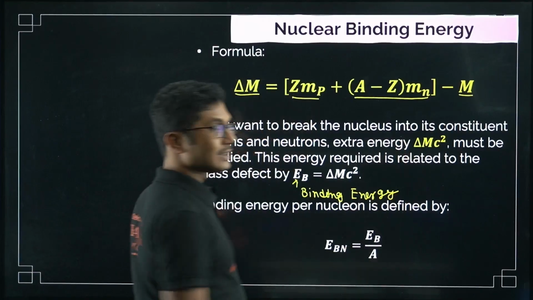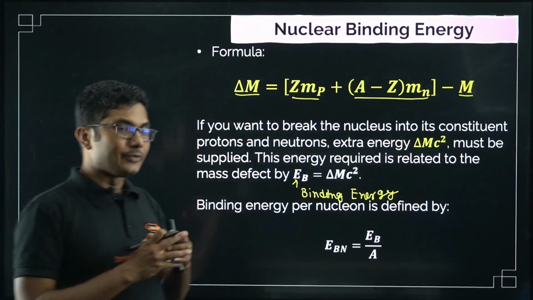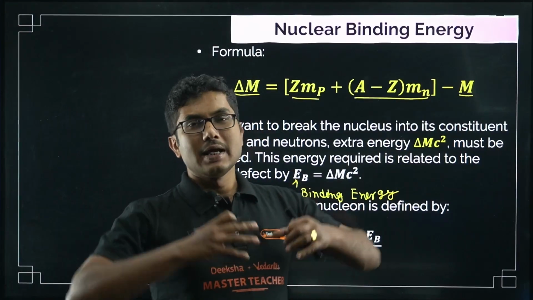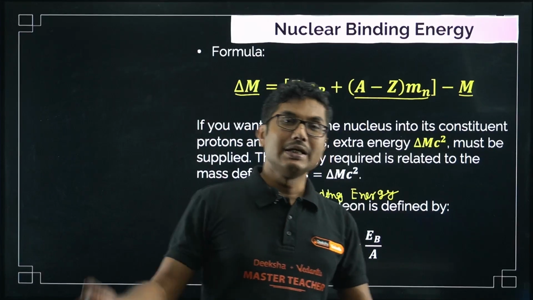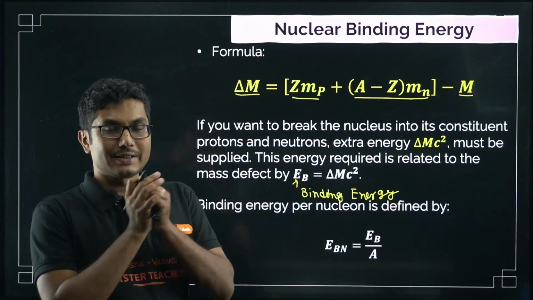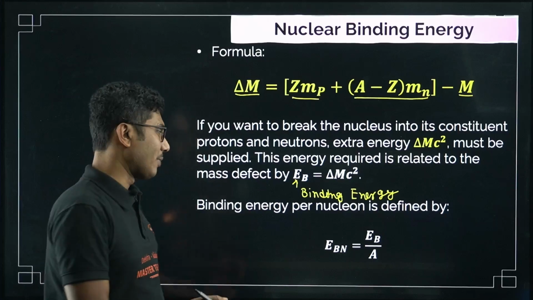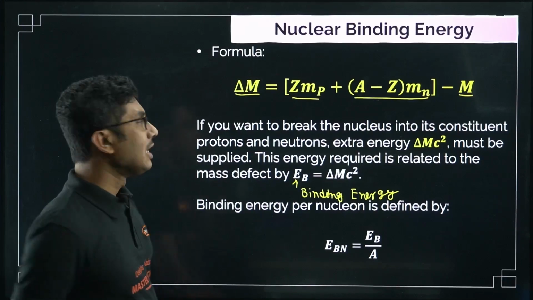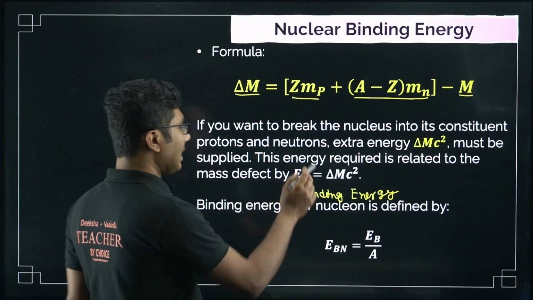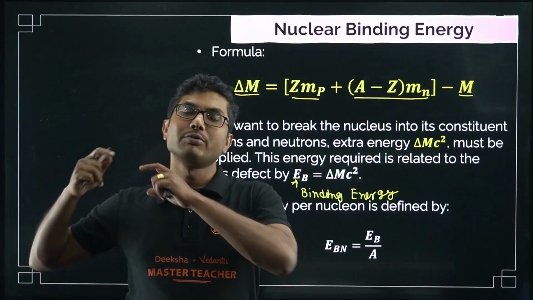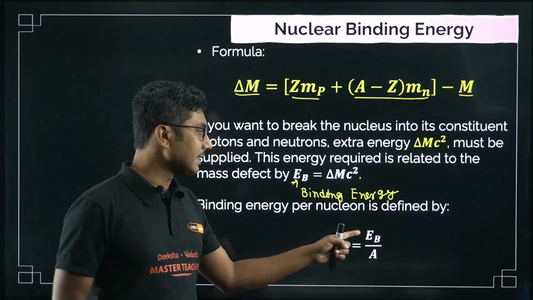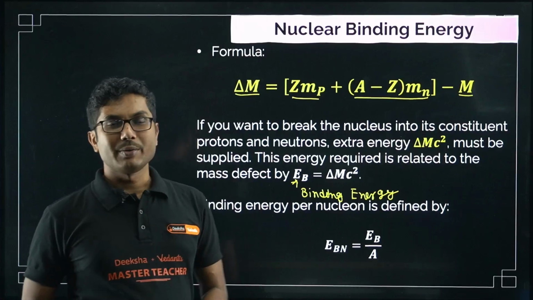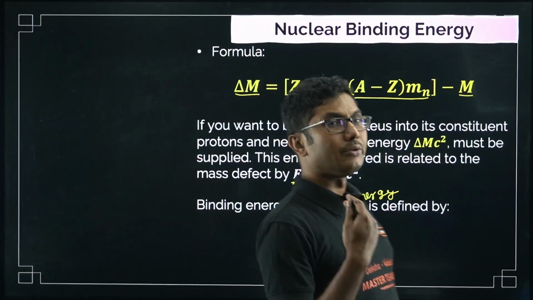As the name suggests, it is binding the nucleus together. Because the nucleus is a stable thing, it does not break apart easily, so that energy is keeping the nucleus together. Now binding energy per nucleon: if you divide this energy by the total number of protons plus neutrons, that is the mass number, you get the binding energy per nucleon.